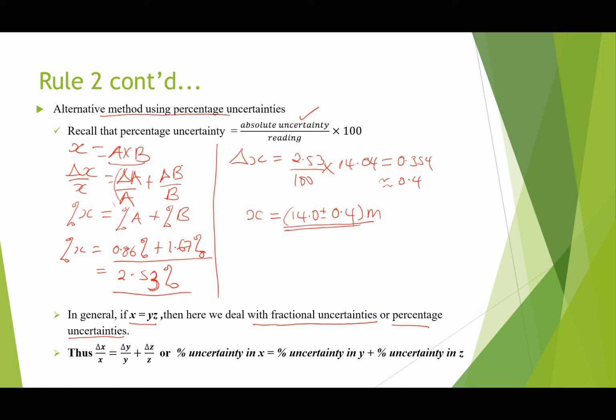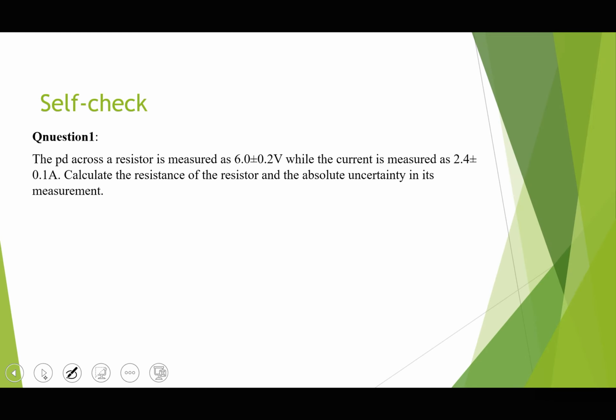But the sum of the percentages is going to be the same. When you convert and multiply by a times b or a divided by b, there will be a slight difference in the value of the absolute uncertainties. So you first add the fraction uncertainties, or you add the percentage uncertainties as demonstrated above. I hope that one is understandable.